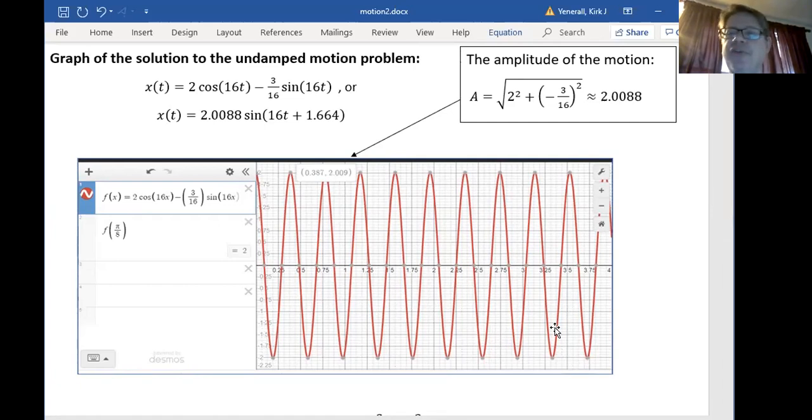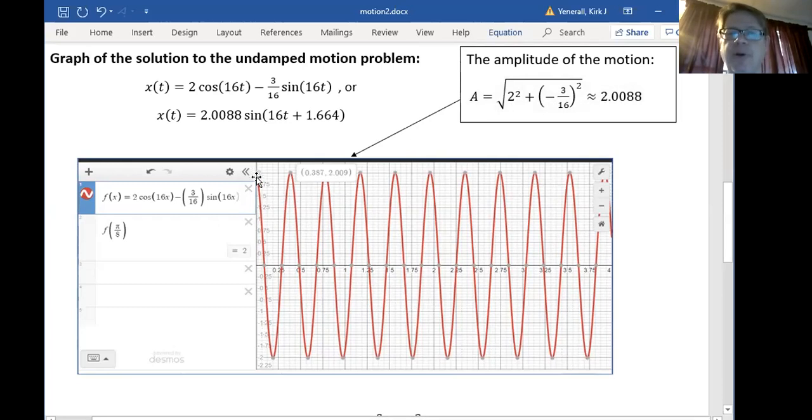So whatever you found those C1 and C2 to be, square them, add them together, take their square root, that's the amplitude. In this case here, it's the square root of 2 squared plus -3/16 squared. That comes out to be just a hair more than 2.009 approximately.